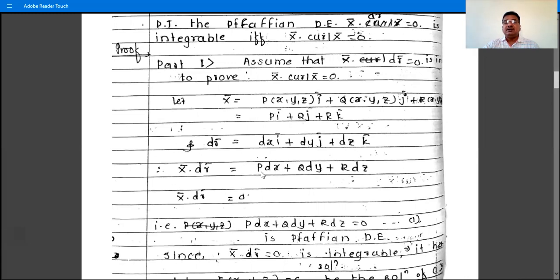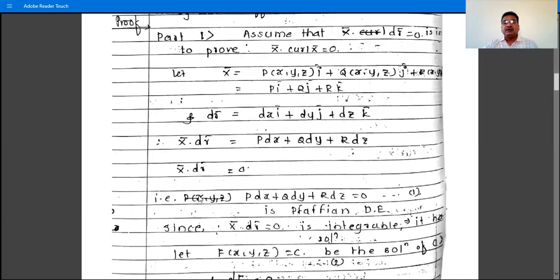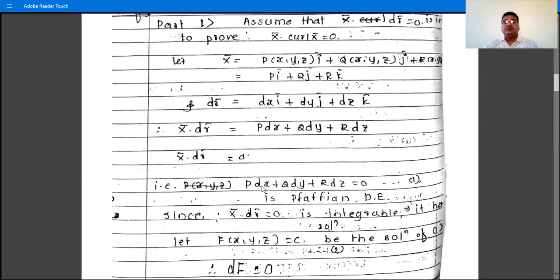Then x̄ · dr̄ is P dx + Q dy + R dz equal to 0. So this is the vector form of the equation: x̄ · dr̄ = 0 means P dx + Q dy + R dz = 0.